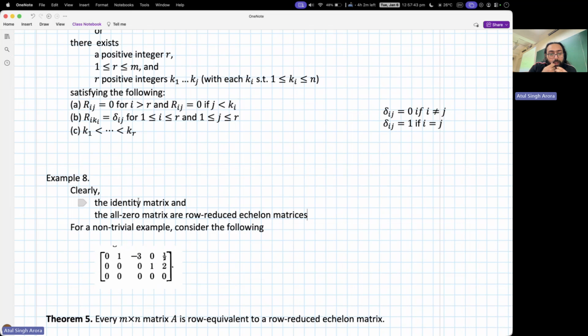Yes, because you cannot permute columns. It looks like identity, but it's not exactly identity. This is a good example because it shows that you can have leading zeros. Identity never has a column which is zero.